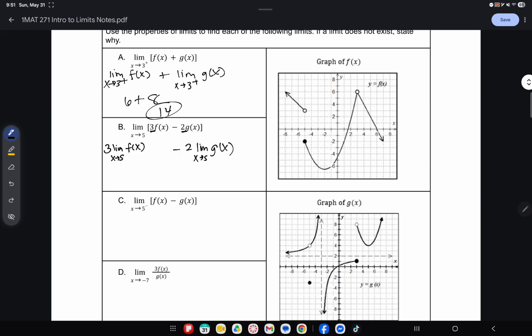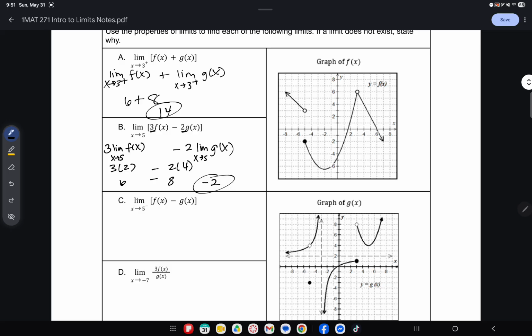So f of x, as it approaches 5, we got to check both left and right. Left is 2, right is 2, so the general is 2. So 3 times 2 is 6. Then we'll do it here for g. So 5. Left is 4, right is 4, so the general is 4. And so we have 2 times 4, which is 8. So then 6 minus 8 is negative 2.